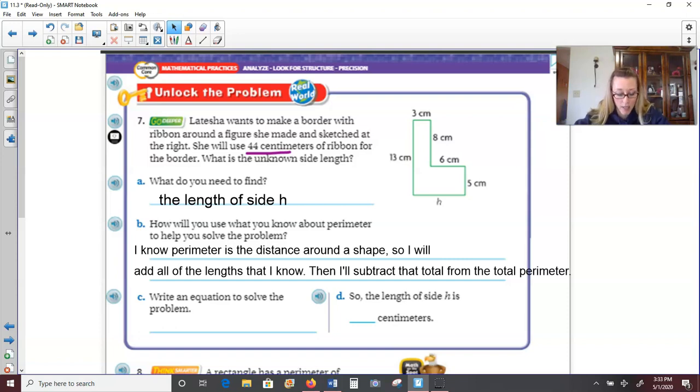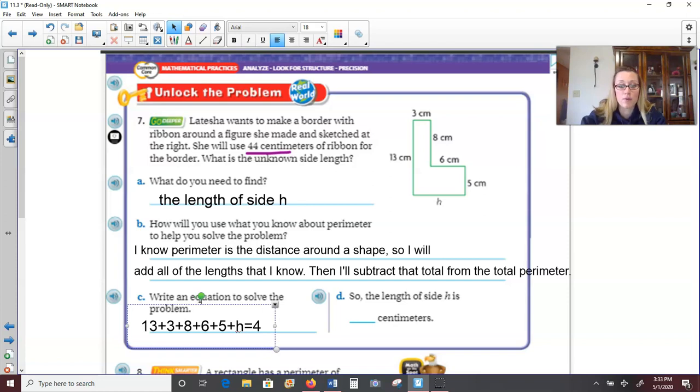So we need to write an equation in part C for how we're going to go about solving this problem. Well, we're going to add all the lengths that we know. So 13 plus 3 plus 8 plus 6 plus 5 plus H, even though we don't know H, and that together has to equal 44 centimeters.